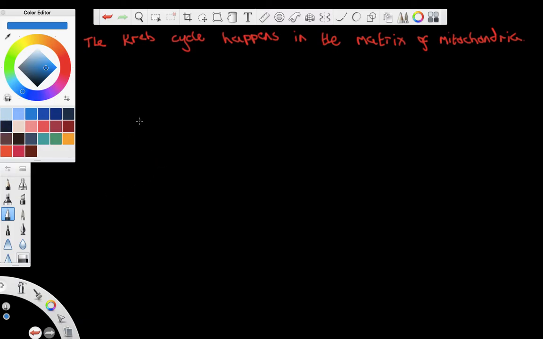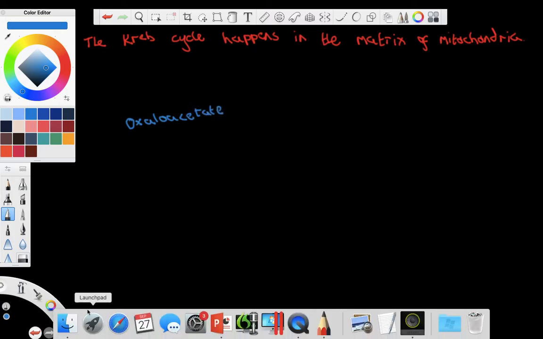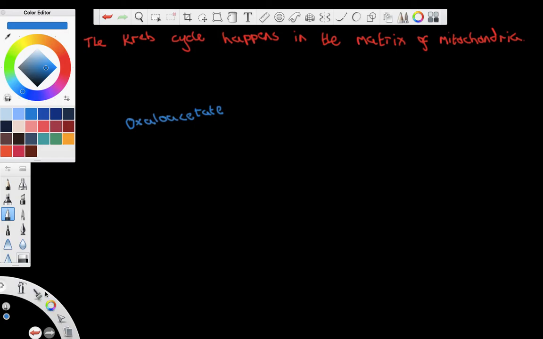Okay? So for ease of use, purely because it's a cycle, you can start anywhere, we're going to start with a molecule known as oxaloacetate. Oxaloacetate is a 4-carbon molecule. It has 4 carbons. Oxaloacetate becomes a molecule known as citrate. And citrate has inside of it 6 carbons.